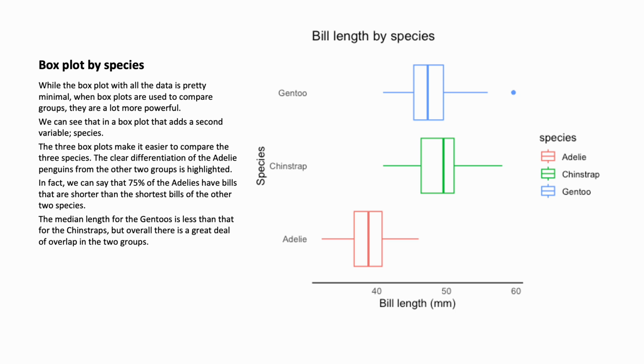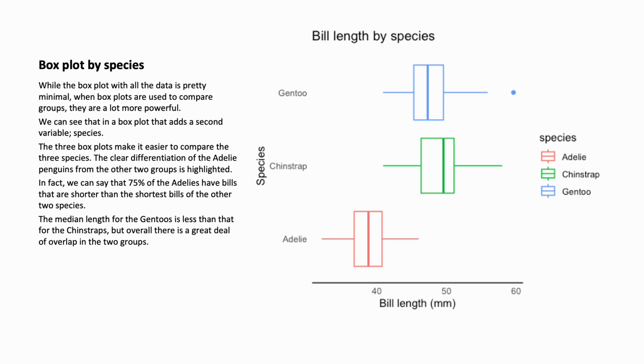If we drew lines up and down from them, the medians would fall within the box for the two of them. But for the Adelie, the median is well below. The median is actually below the lowest values of the Gentoos and the Chinstraps. So if you drew a line straight down from the endpoints there, of the Gentoo and the Chinstrap, you would not run into the box for the Adelie, and you would not hit the median.